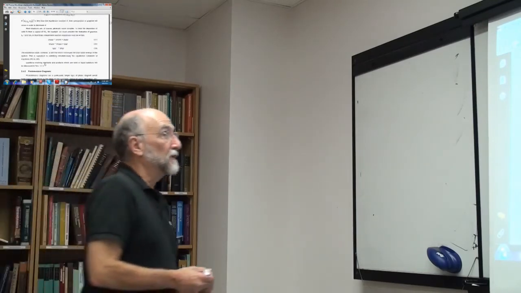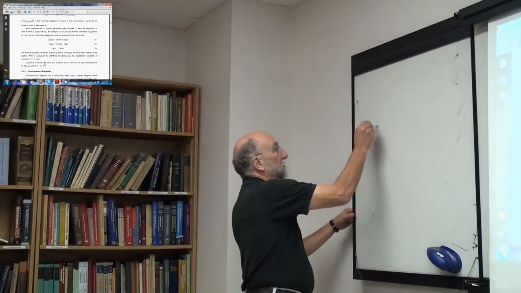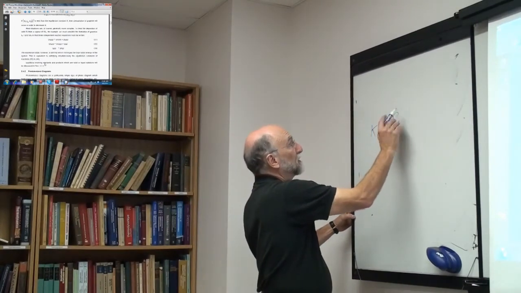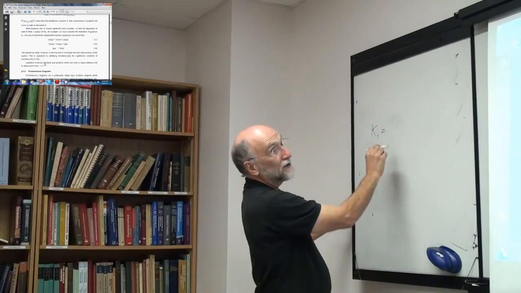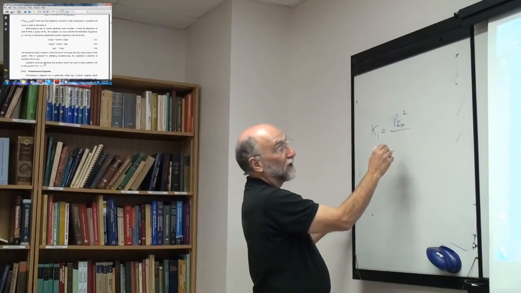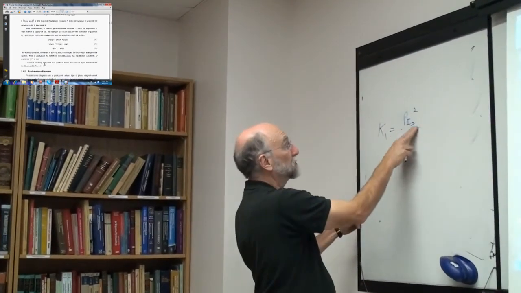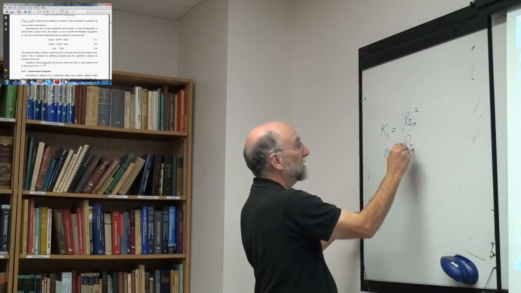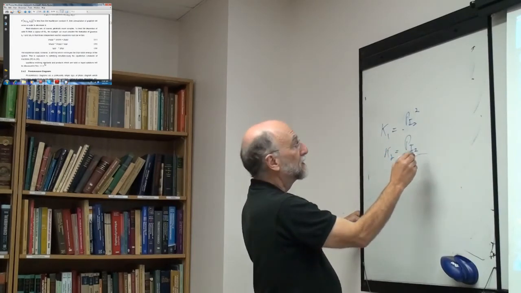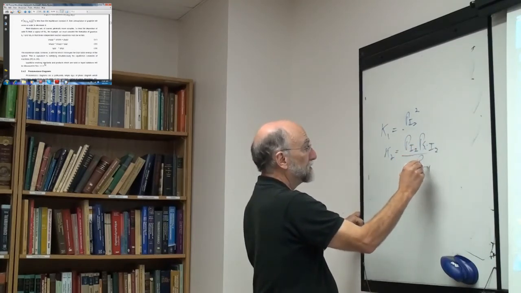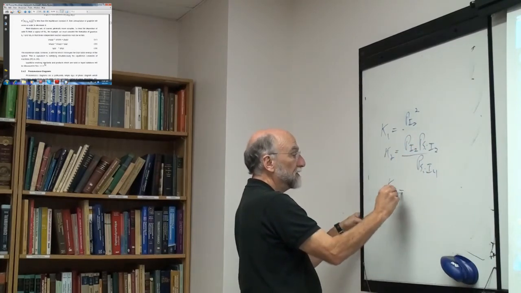For each one of these 3 reactions, I would write K. K for the first reaction is equal to PI2 squared. K2 is equal to PI2 times PSiI2 divided by PSiI4, and the same for K3.